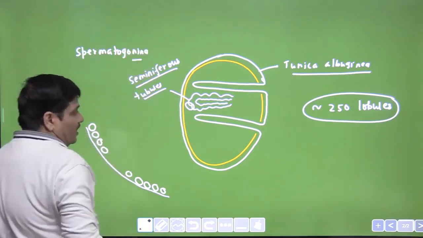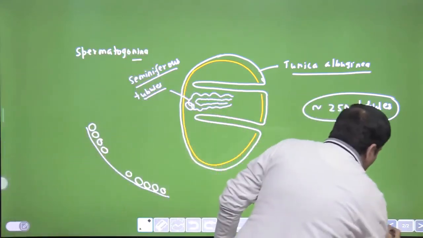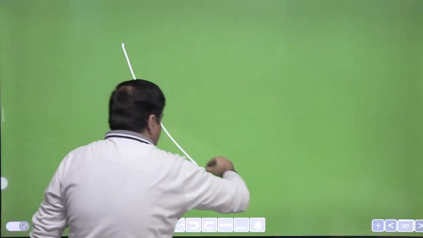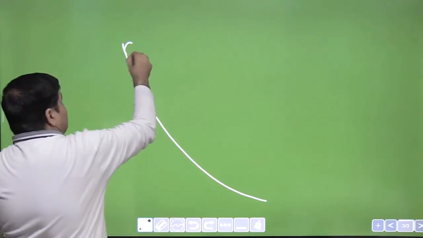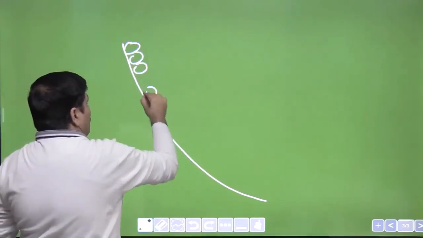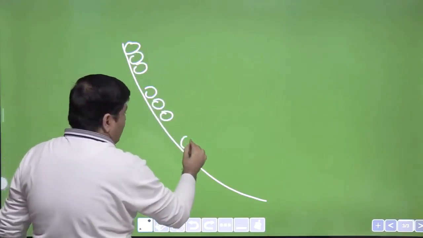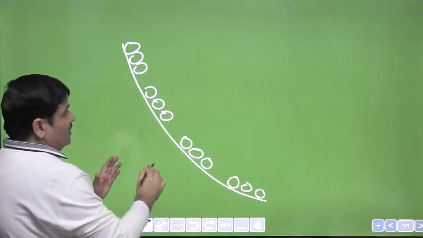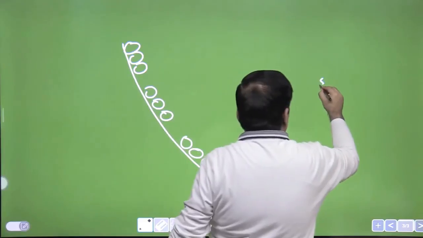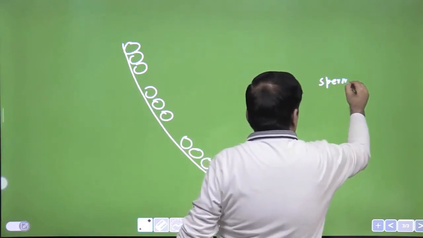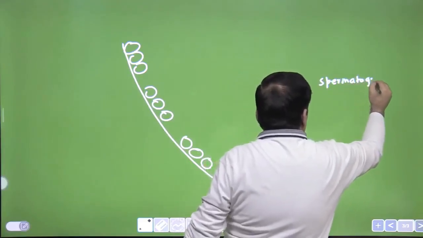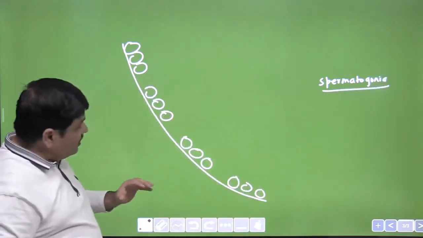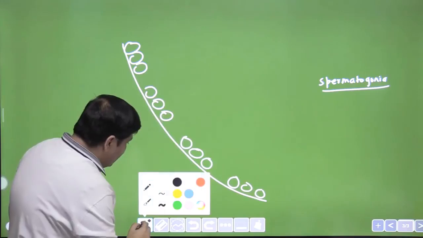Let me make this diagram on a separate page, and let us say that this is the seminiferous tubule wall, and it is lined by one type of cells called the spermatogonia. I have left some spaces, as you can see, that provide room for another type of cell present in the lining of the seminiferous tubule.